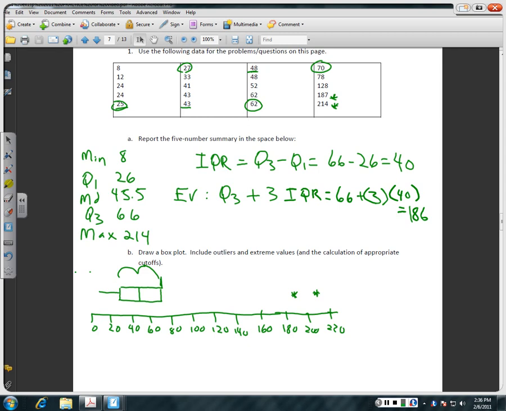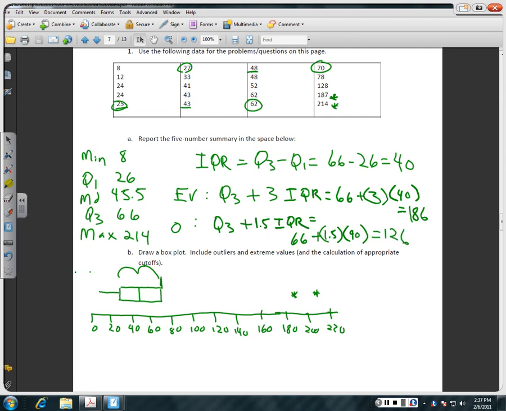So now let's see if we have some outliers as well, and an outlier is going to be Q3 plus 1.5 IQRs, or 66 plus 1.5 times 40. That's going to be 126.